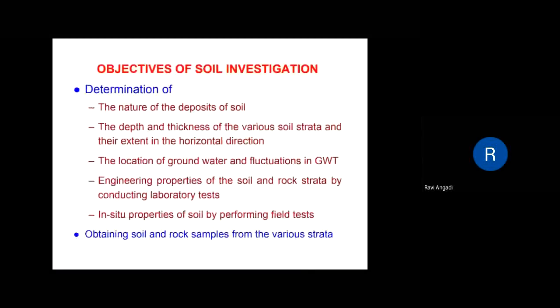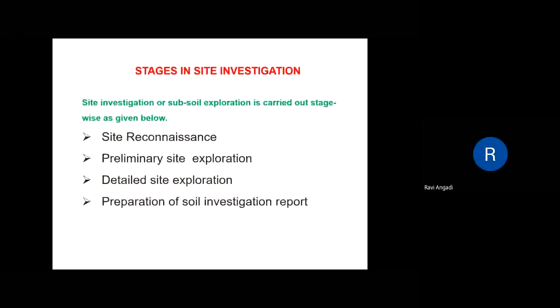I already discussed the stages in site investigation, that is site reconnaissance, preliminary site exploration and detailed site exploration, and the preparation of a soil investigation report, how the report should be after investigating the site. Those things we discussed in the previous class. So this is the continuation of that.